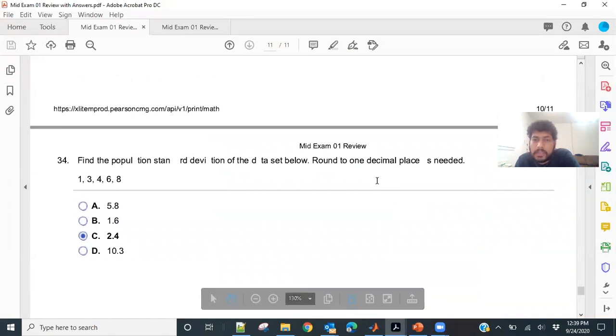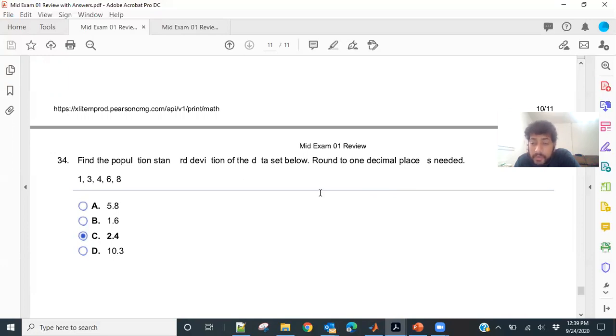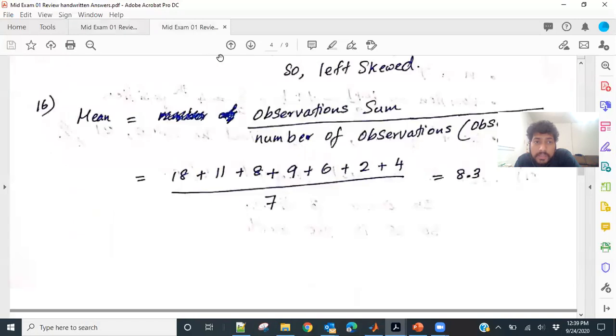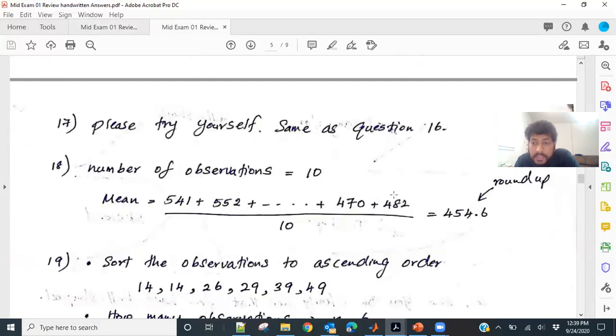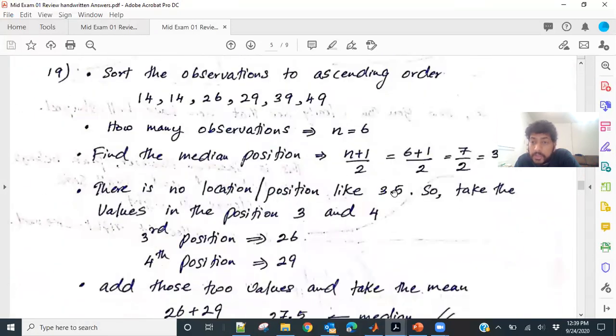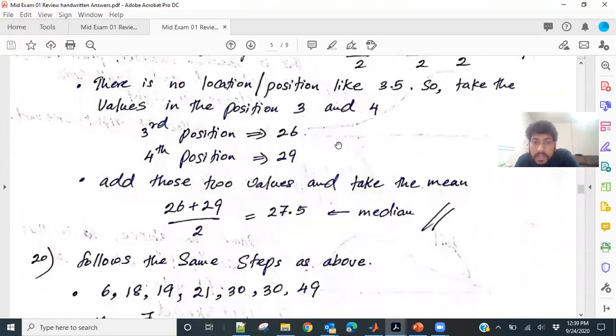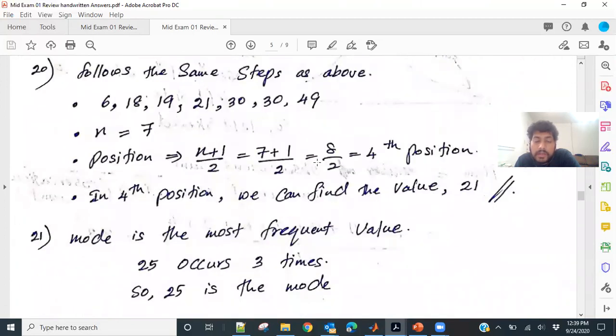So this is the whole summary, or big picture, about your mid exam. Please pay attention to this mid-exam review, and also the exam review answer sheet which I sent you earlier, the handwritten answer sheet. I have explained as much as I can in it.